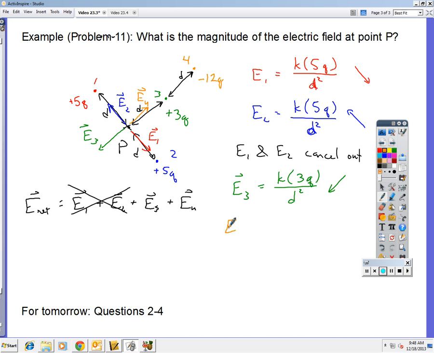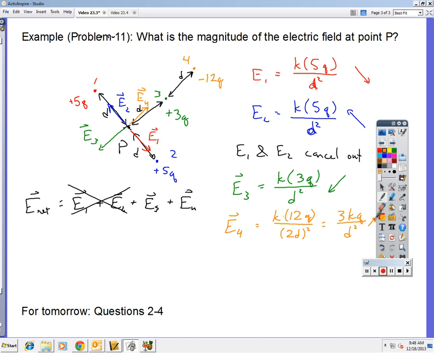And last of all, E4 is K times 12Q. Remember, we're not putting the negative in here because the direction is given by the geometry. But the distance to E4 from point P is 2d, which needs to be squared. And when you work this out, it works to 3KQ over d squared, and it points in that direction.